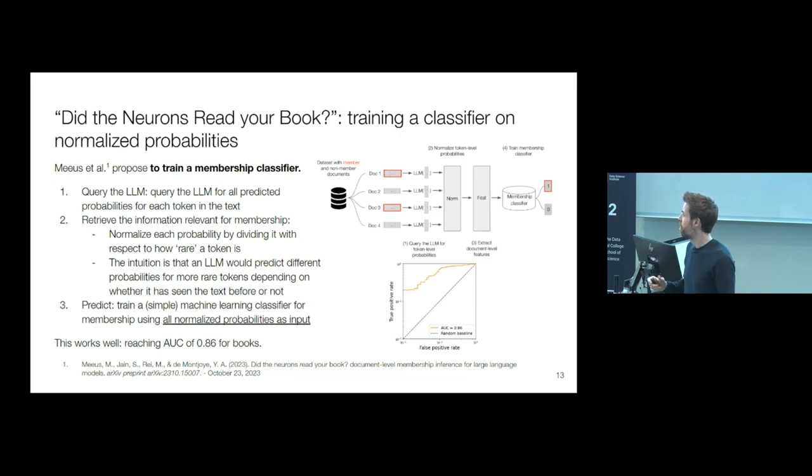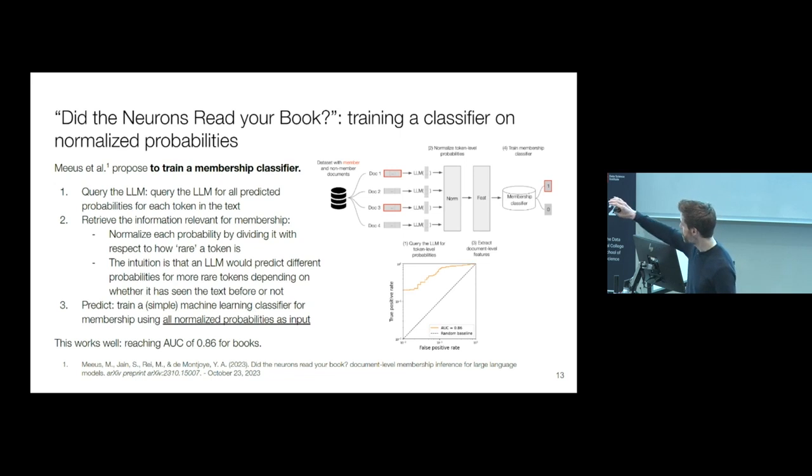Then we do two things. First, we normalize each probability by dividing it by how rare the token is. If the correct token is very popular, like "and," something that appears in English very often, we give it slightly less weight versus something more surprising.